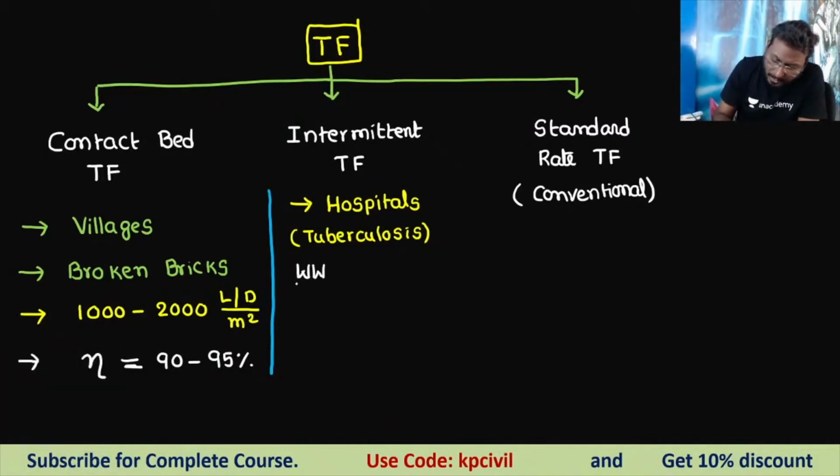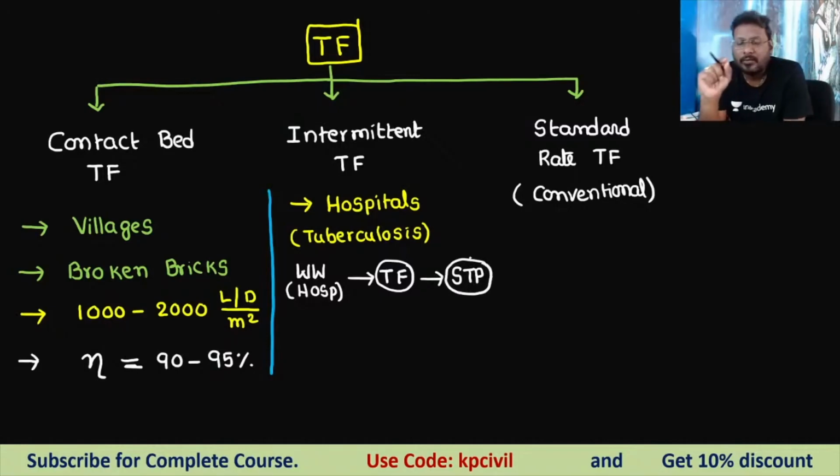Wastewater from the hospital, because it contains impurity from patients, is given to the trickling filter. Then after that it is given to the STP. So within the hospital itself, it first performs trickling filtration.